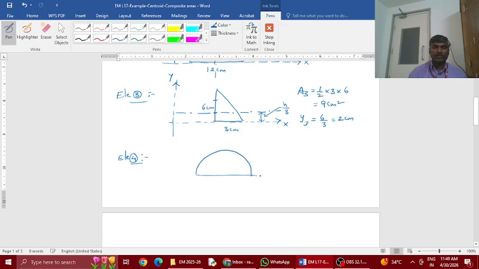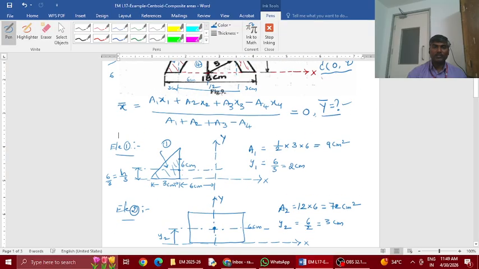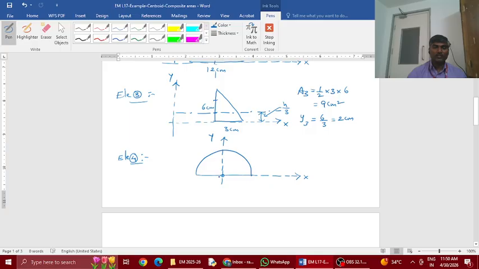The x-axis is exactly on the diameter line, and the y-axis is like this. It's again symmetrical, so the axis is the axis of symmetry. Now the dimensions: this radius is given as 5, so this is 5 centimeters.